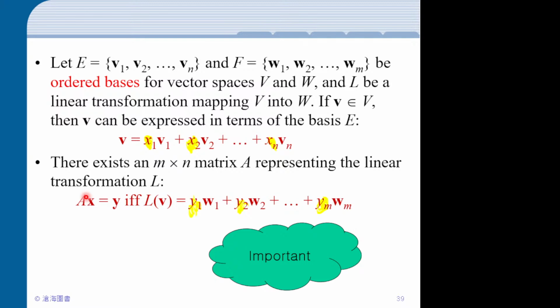Any question? And this is how we represent our linear transformation as a matrix. We have the coordinates against these ordered bases, and we find out that the coordinates are related by y equals Ax.